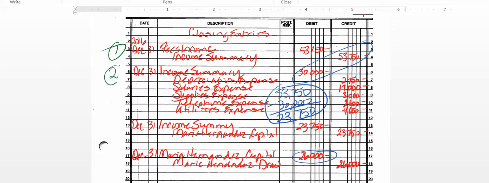Step 2 is to close out the expense accounts. Remember, on step 2, you do not know the total for the income summary until you put all of the expenses down, add them up.